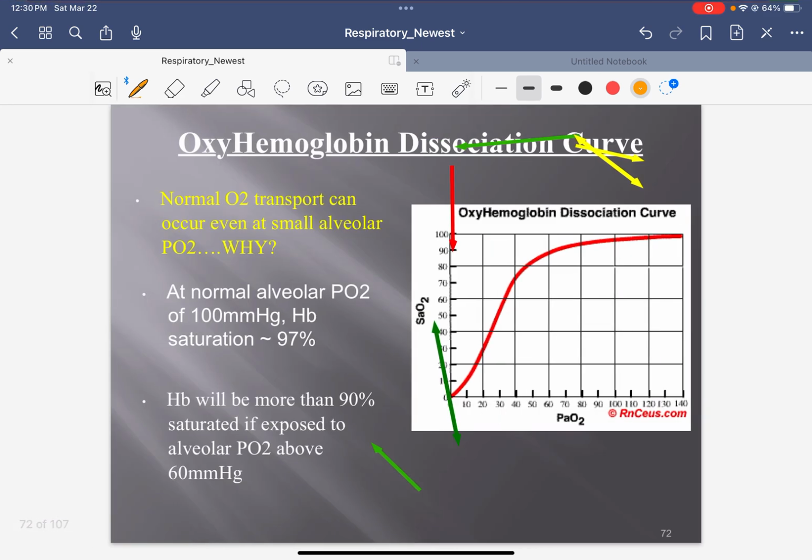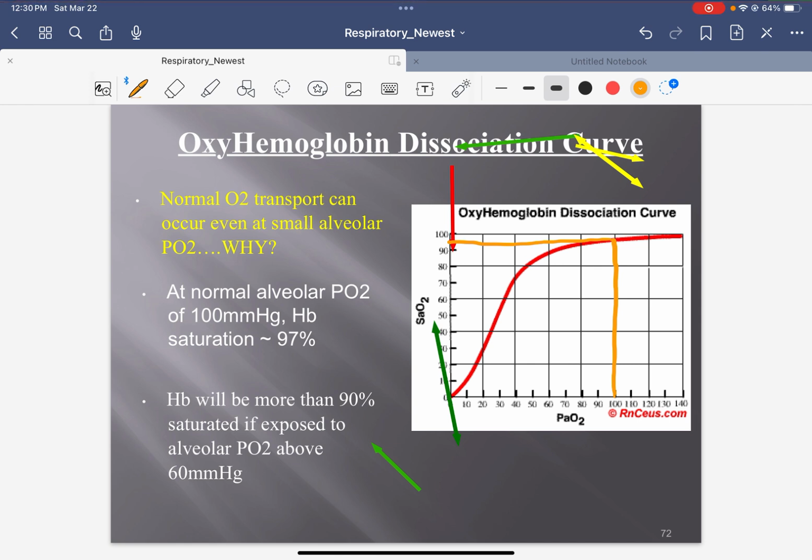So let's just play with some numbers. I'm going to point out a normal value. I'm not going to ask you numbers, but normally, just to make the point, normal amount of oxygen in the blood is about 100. If I have a partial pressure of 100 of oxygen in the blood, what is my hemoglobin saturation? 97%, 98%. That's normal.